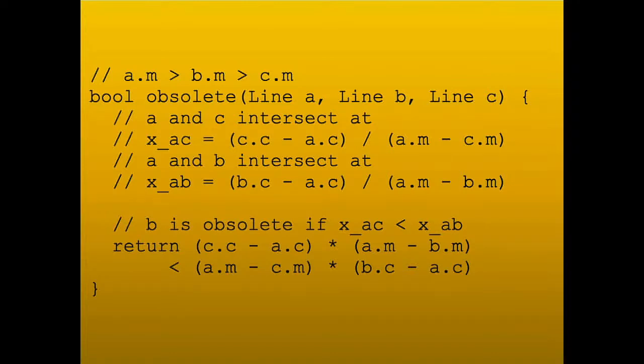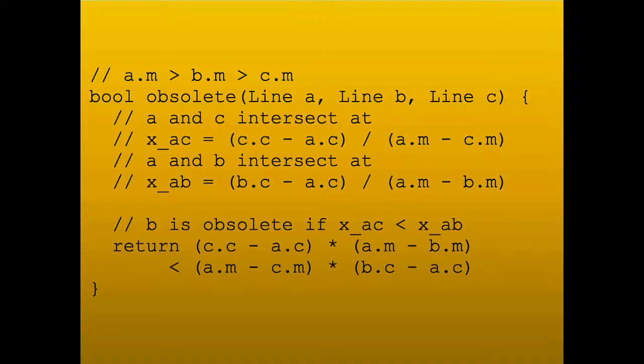Then we solve for x: C2 minus C1 divided by M1 minus M2. So there you get the intersection of AC and AB, and you can avoid the doubles by cross-multiplying with the other one to find out whether this is smaller. Okay.